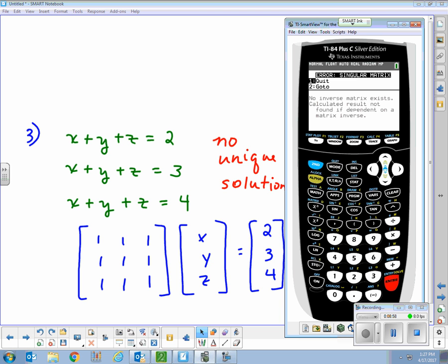And if you look at the determinant of this matrix, and so I go over here and I get the determinant of matrix A, I'm going to get 0.